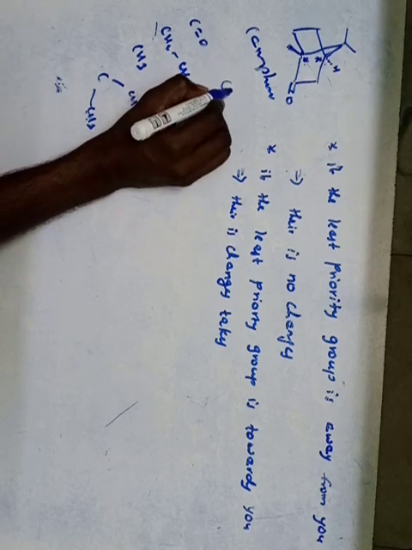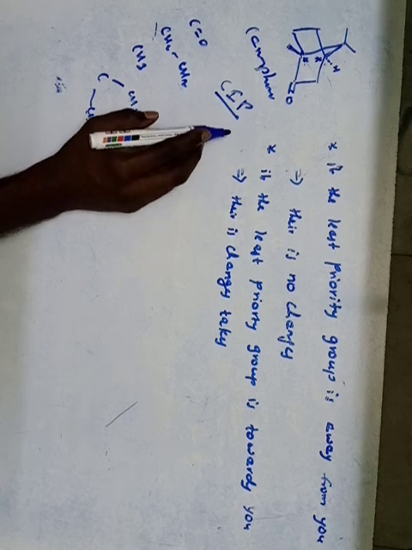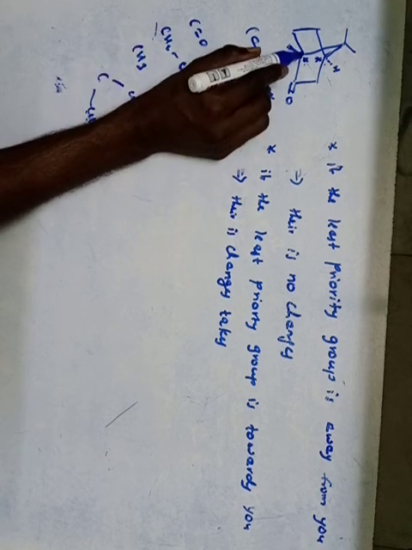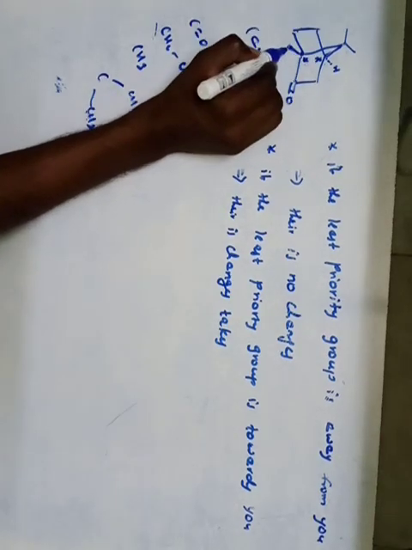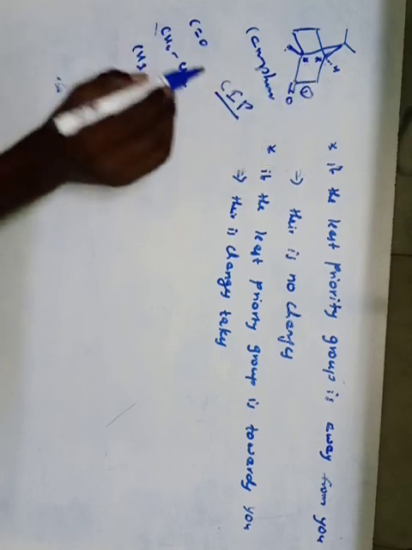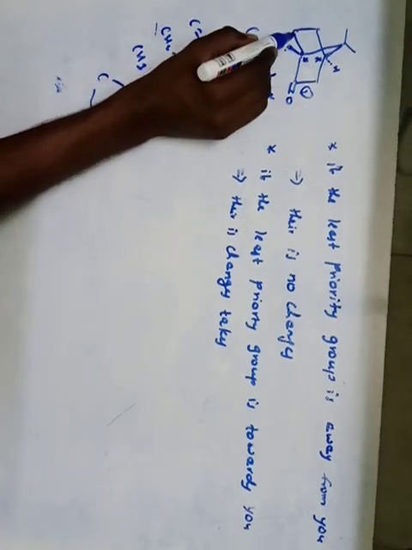Now we are giving the priorities according to Cahn-Ingold-Prelog rules, the CIP rules. First one is C double bond O, meaning this carbon is attached to carbon, and this is the methyl group. So this will be the first priority, right? And similarly here, the carbon is attached to a carbon, and again attached to carbon.